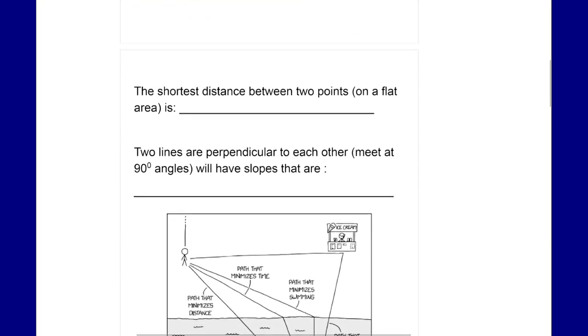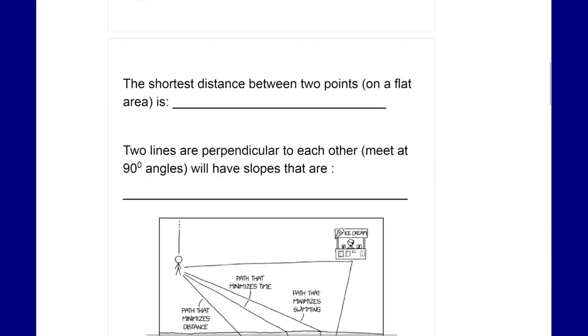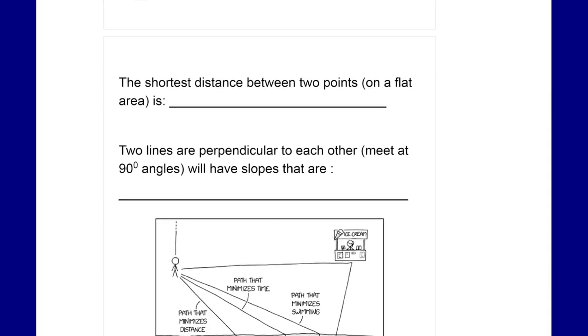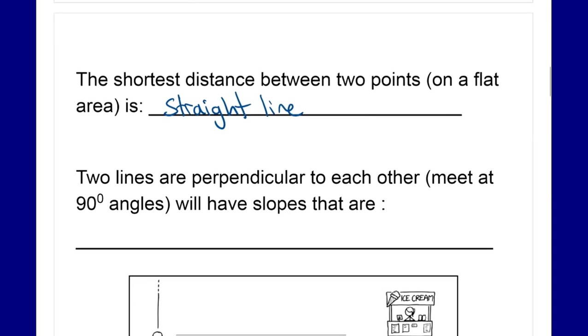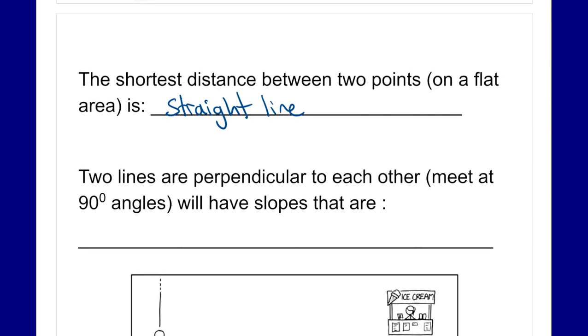So first thing, the shortest distance between 2 points on a flat surface is a straight line. Now in some cases that may not be the case, but usually a straight line is the shortest distance. If we're dealing with something that's not flat like the earth, then a curved line might be more appropriate.